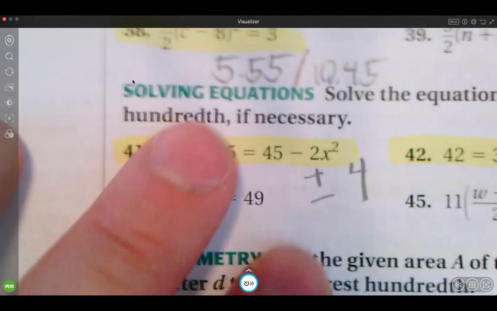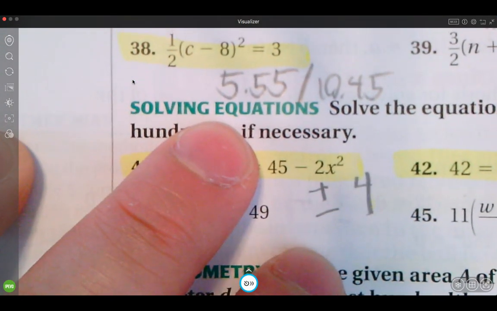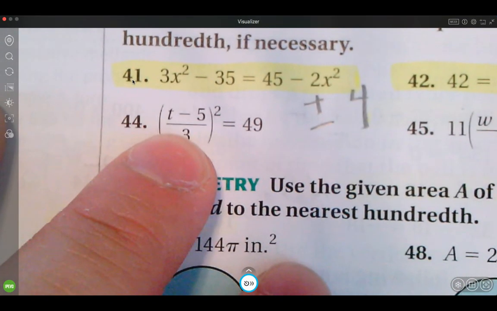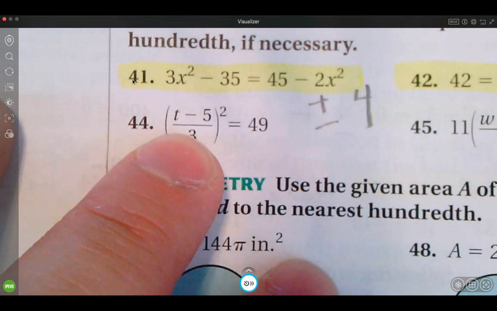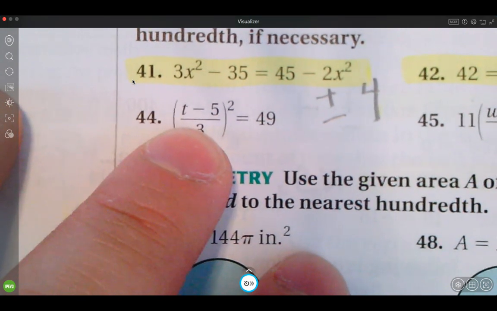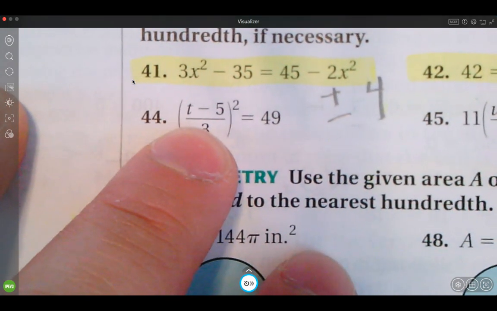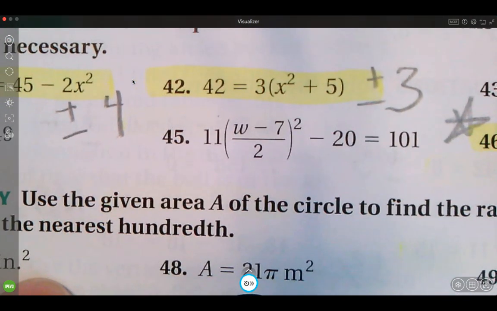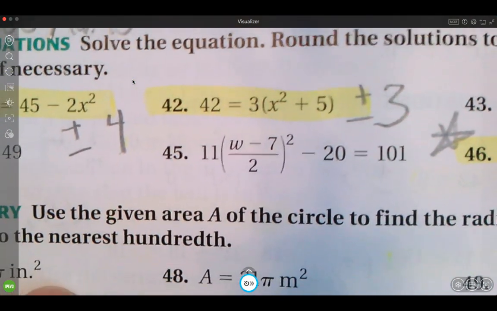Number 38 was 5.55 and 10.45. 41 was just positive or negative 4. 42, what did you get for 42? Positive or negative 3.